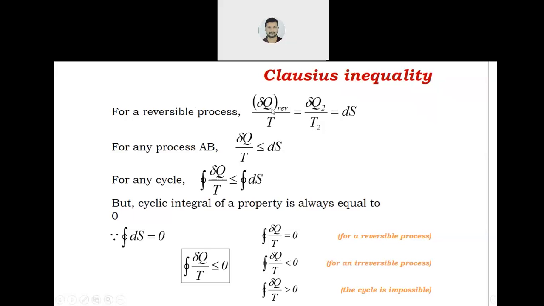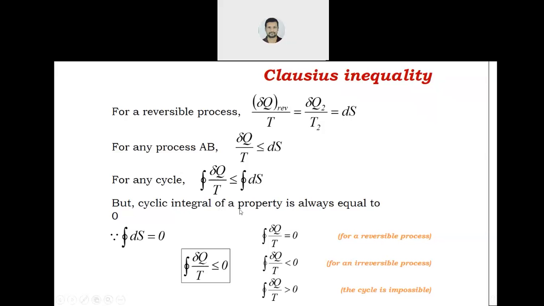For a reversible process dq by T will be equal to ds. For any other process dq by T can either be equal to or less than ds. Similarly for a cyclic process, again the same thing. The cyclic integral of dq by T will be either less than or equal to the cyclic integral of ds. Now you know for any cyclic process about properties, what happens?